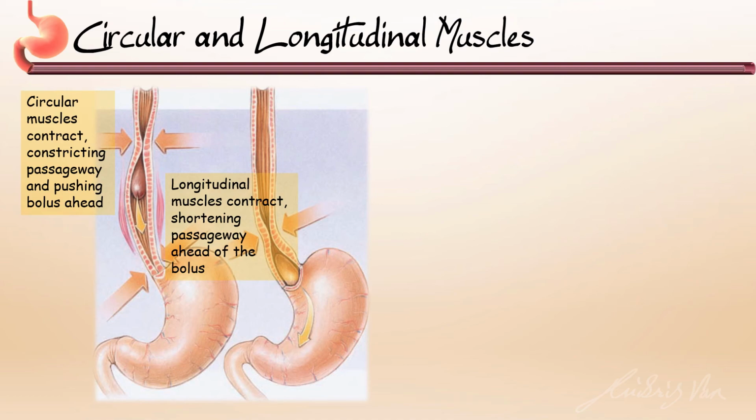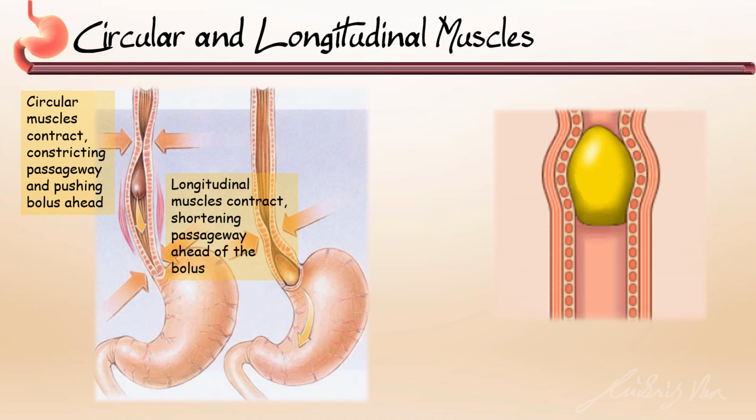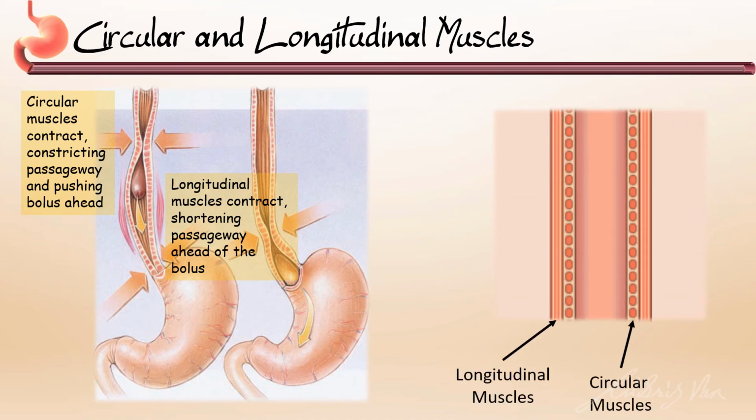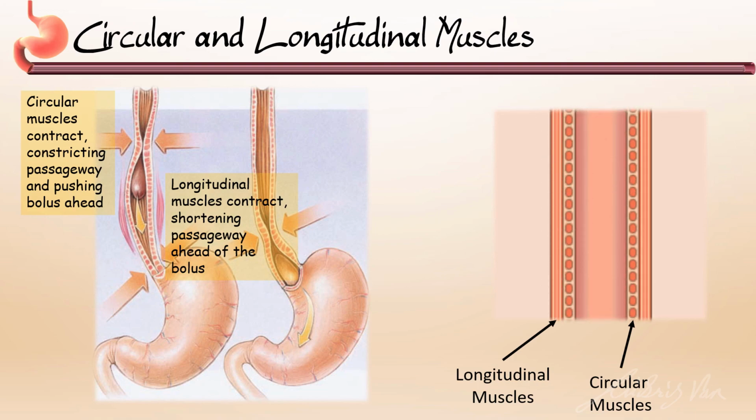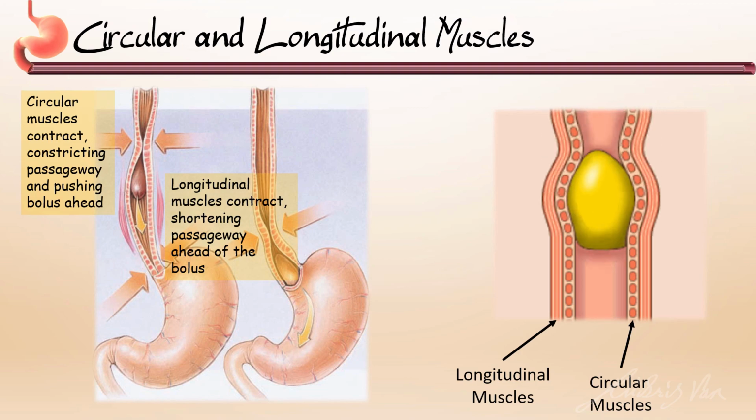This will shorten the passageway as well as widen the passageway ahead of the bolus, allowing it to be easily pushed through. And over here is a fanciful animation to show peristalsis. Circular muscle is in the center, C for center, C for circular, while the longitudinal muscle wrapping around the circular muscle will have an antagonistic effect.